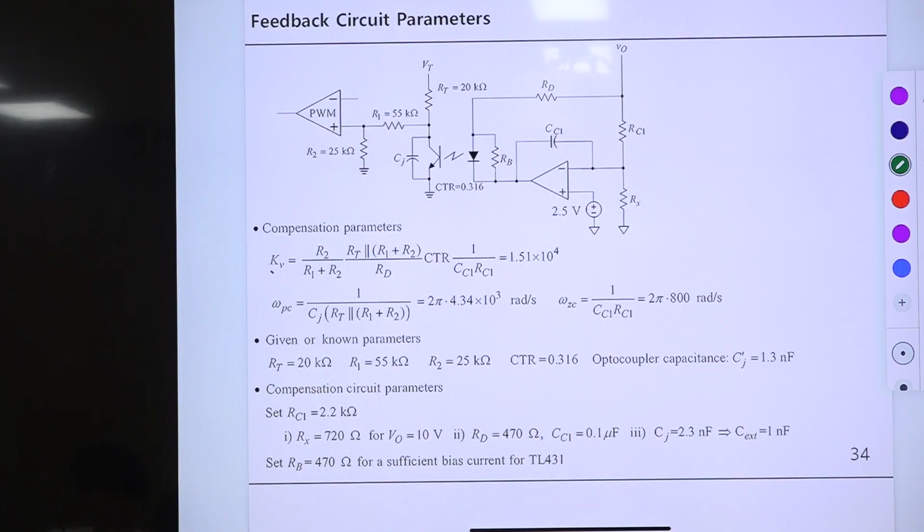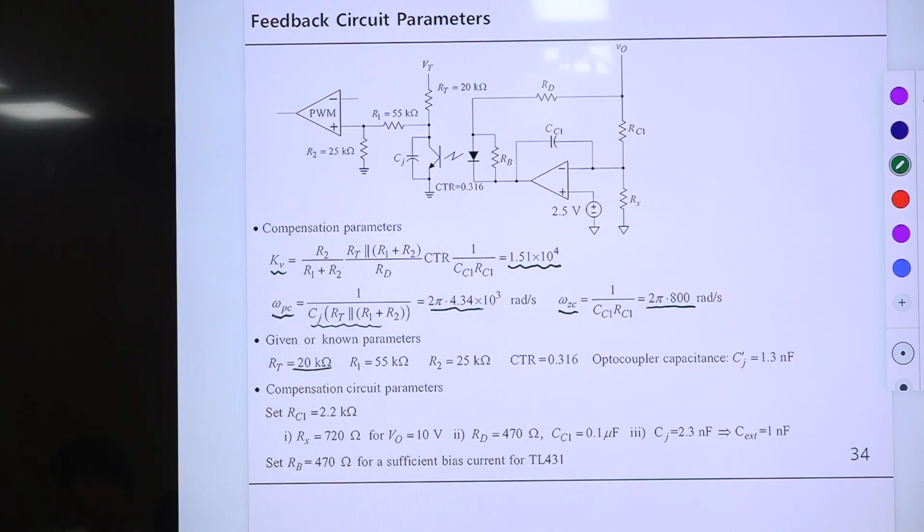We know the expression of kV and the desired value of kV, and we know the expression of omega PC and the desired value, and omega GC and the required value. These values are determined by the IC designer.